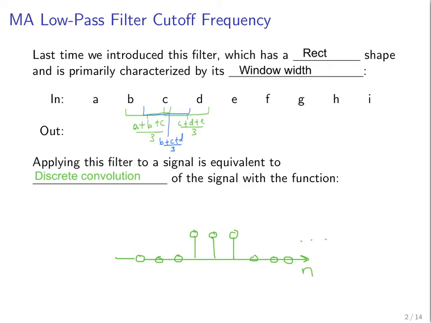And of course that goes on and is all zeros till the end of time and zeros at the beginning of time. The magnitude there is 1/3. And the index here is n, so this would be n equals 0, plus 1, minus 1, plus 2, minus 2, and so on along the n-axis.